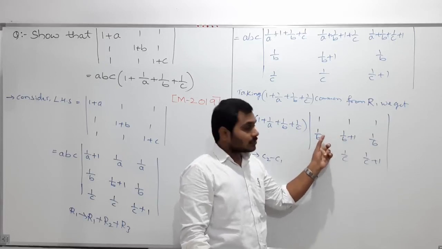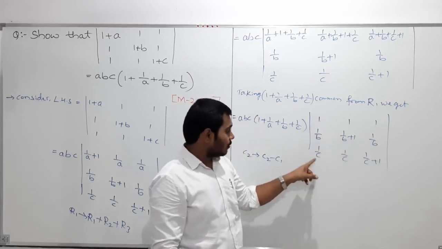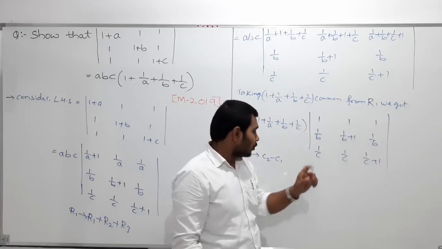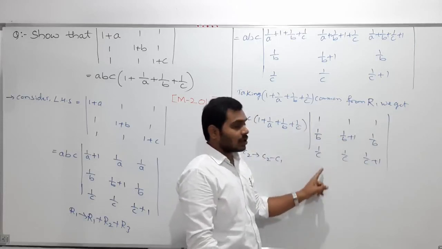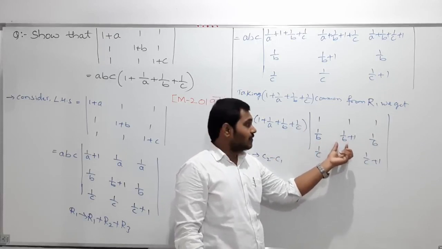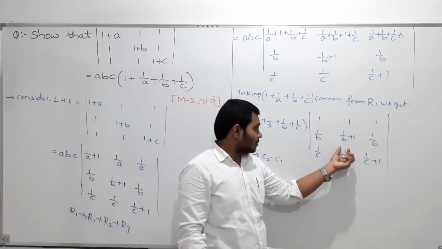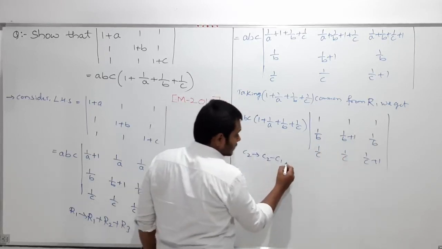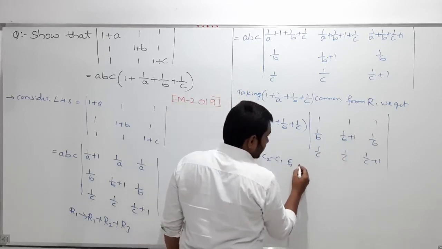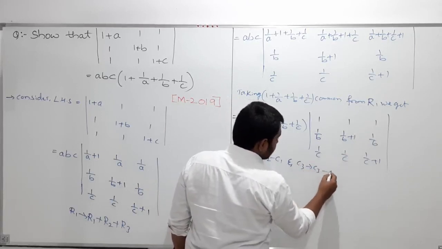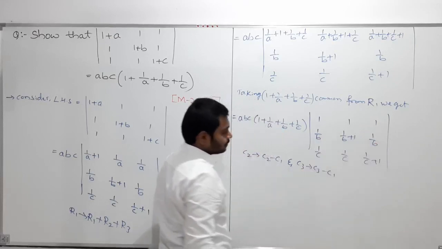Either you can do like this, or you can apply to the column 1 as column 1 minus column 2, or you can do column 2 changes to column 2 minus column 1. I am doing this operation because here the simplification can be done easily. So therefore I am applying these operations. And similarly another operation I will apply, that is C3 changes to C3 minus C1.